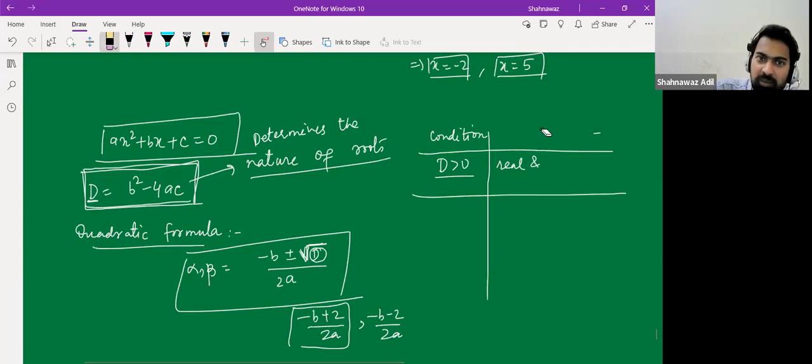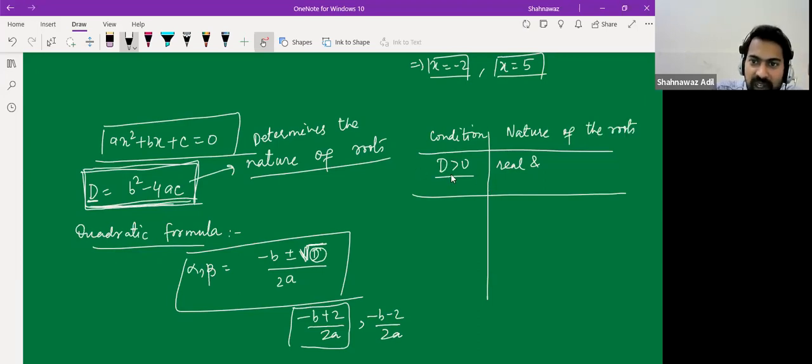Adil, you remember this quadratic formula, right? And you also remember this discriminant. So from this discriminant, we define the nature of the roots.